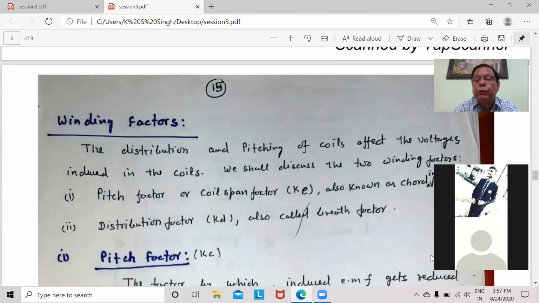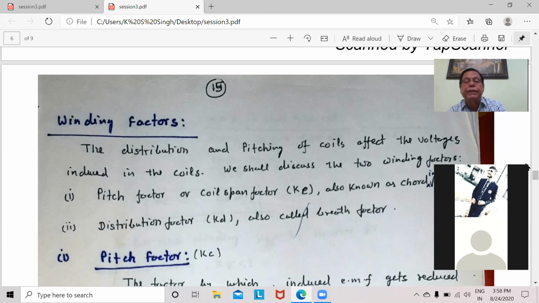Now second, we come to the winding factor. I have already told you there are two windings used in a synchronous generator: short pitch winding and distributed winding.